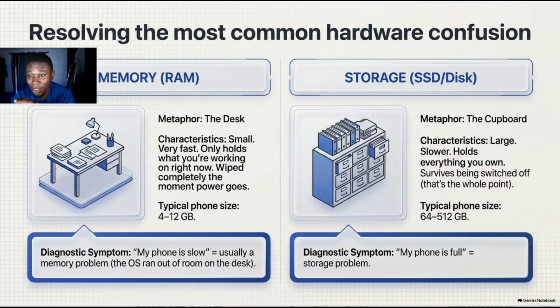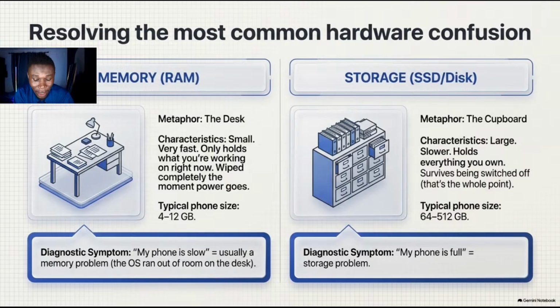Does that show there's a problem from your RAM? Yes. Then it means it's either your RAM or your CPU. For a PC, it mainly depends on the CPU. Maybe your CPU is low.